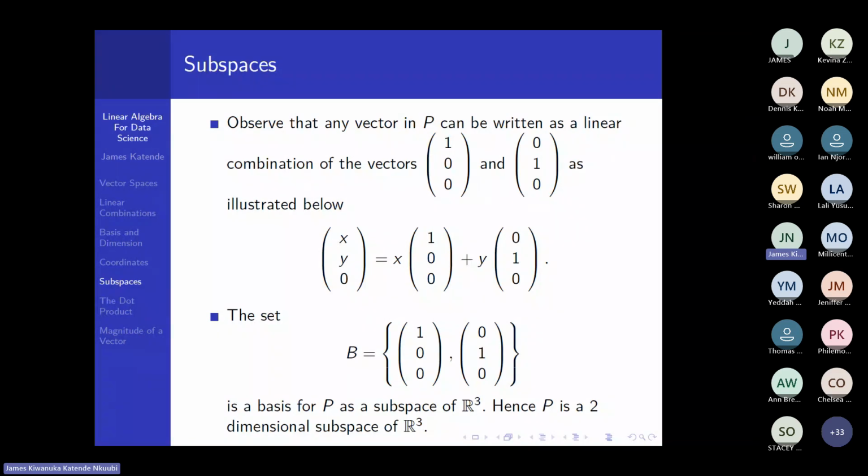So these two vectors are linearly independent and they span P. So that means P is a subspace of R3 and the dimension is 2, because you need only two vectors to construct or produce elements of P. P is a subset of R3, and therefore we can say it's a subspace of R3. It has satisfied all the conditions that need to be satisfied.